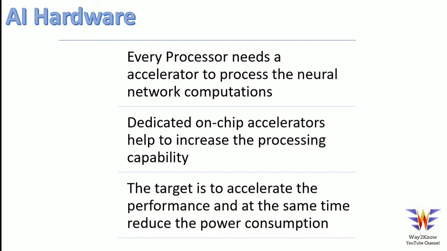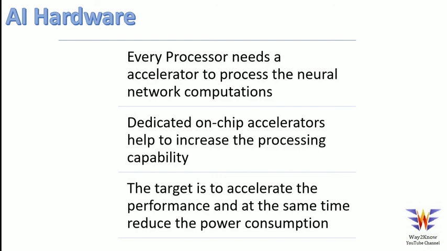Now all these accelerators are built into these SOCs, or there can be SOCs specifically for these neural network computations and then dedicated to be used for processing the machine learning algorithms or the neural networks. Now here the ultimate aim of all these is to accelerate the performance of the system that is used in a specific application.